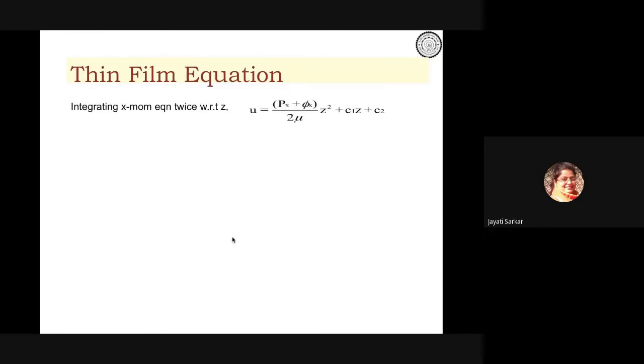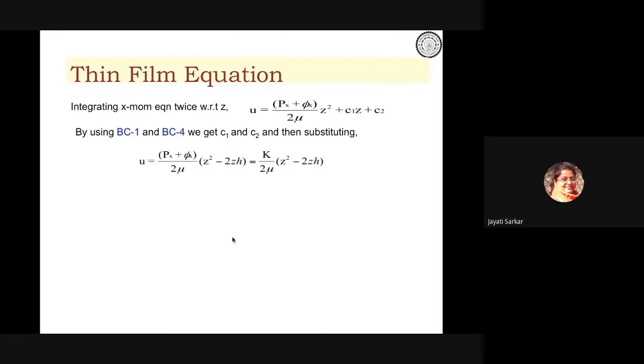For example, we can integrate the x momentum equation twice. You get two coefficients. You can get help from the boundary conditions, basically the no slip boundary condition at z equal to 0 and the shear stress boundary condition. From that, you get the velocity profile of the fluid in the u direction.